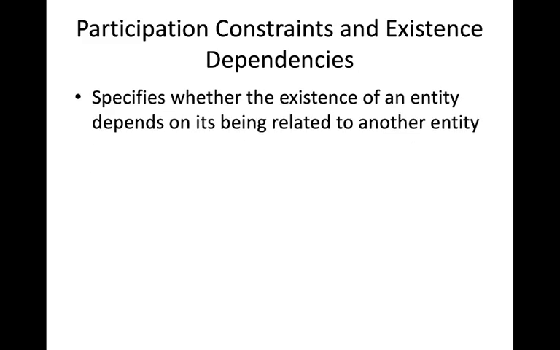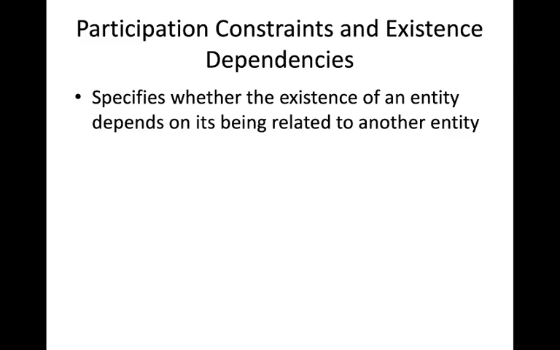Then the second type of structural constraint is participation constraint, or we call it existence dependency also. This specifies whether the existence of an entity depends on its being related to another entity via the relationship type. So this actually specifies a minimum constraint.